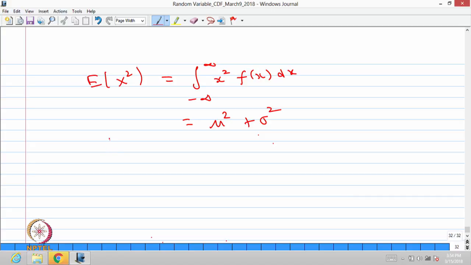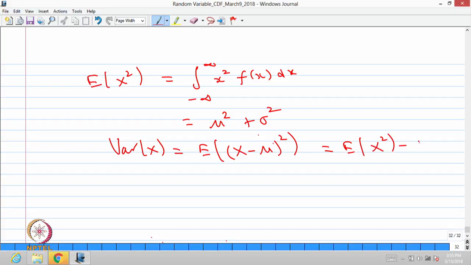Therefore, the variance of the random variable x, that is the expectation of (x minus mu) the whole square, is the same as the expectation of x square minus (expectation of x) the whole square.